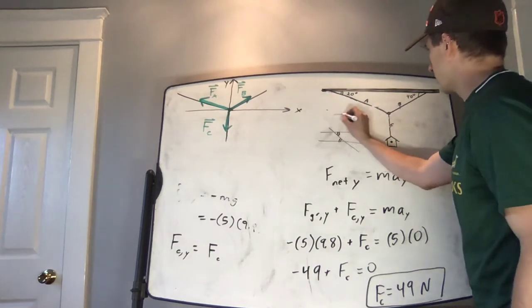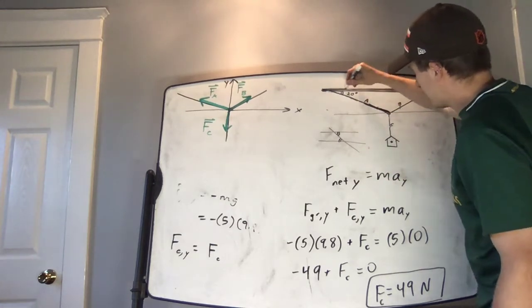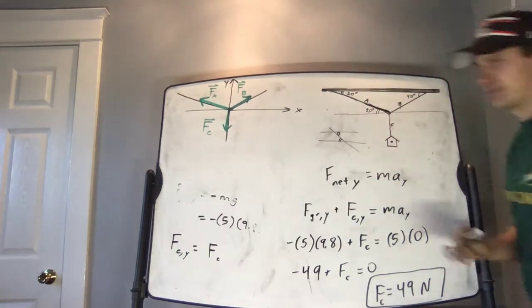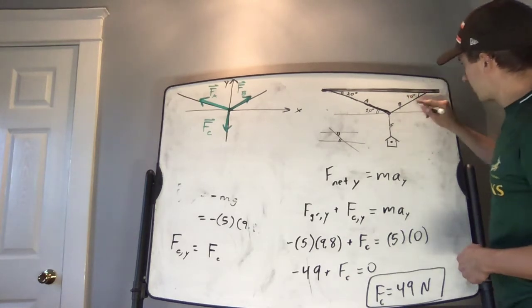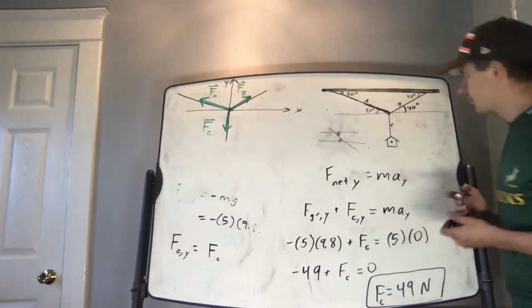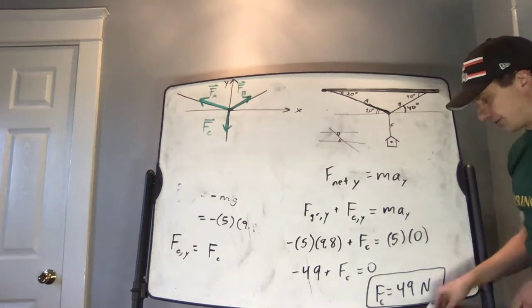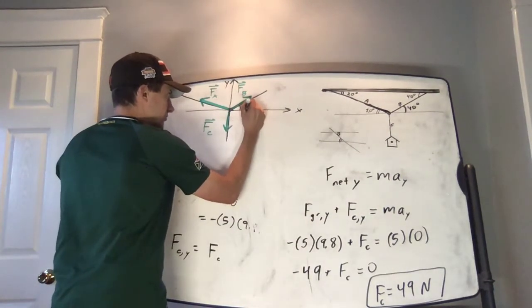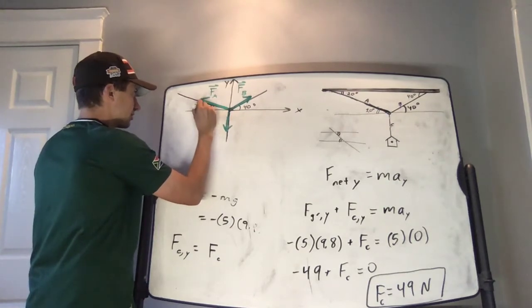I'll just draw a second horizontal line. And now I could say if this angle is 20 degrees, this angle must be 20 degrees also. And if this angle over here is 40 degrees, this angle over here must be 40 degrees as well. So I compare what I drew here to the picture I have over here. I could say this angle is 40 degrees, and this angle right over here is 20 degrees.